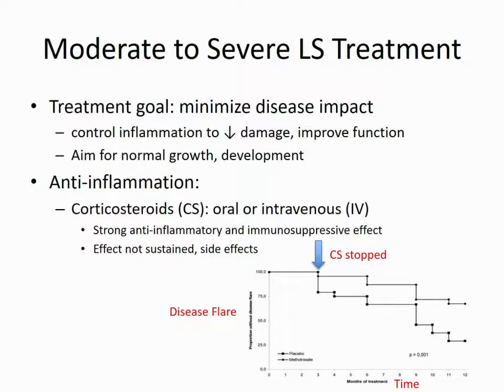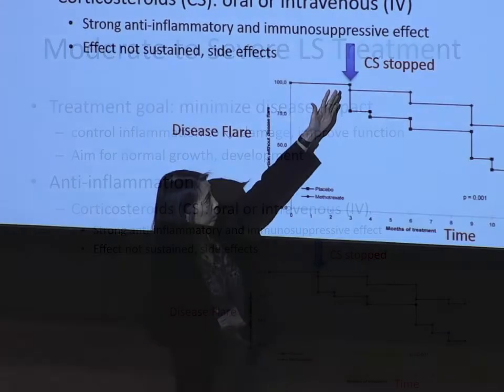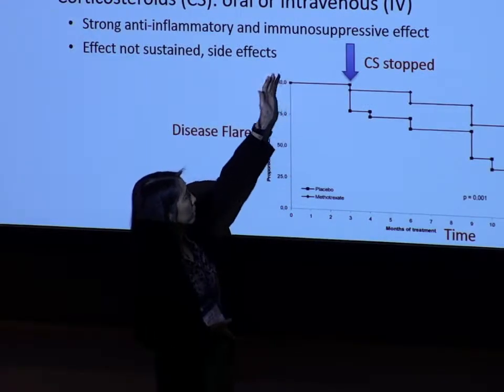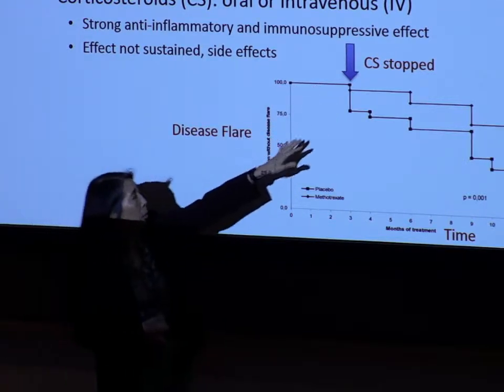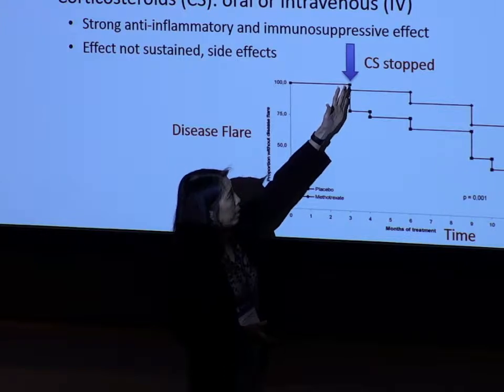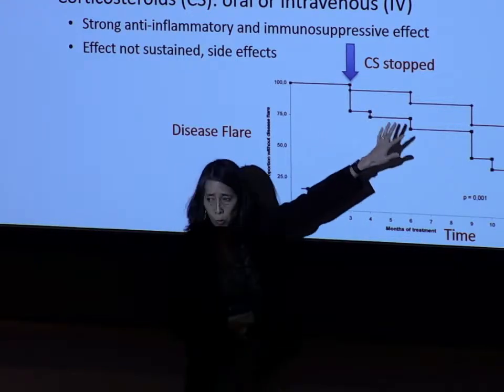All the patients in that trial got started on steroids. So for the first 3 months, the two arms, placebo versus methotrexate, got steroids. And you see that in this 3-month period, nobody flared. Their disease was controlled. Once you stop the steroids at 3 months, then we start seeing people flaring.